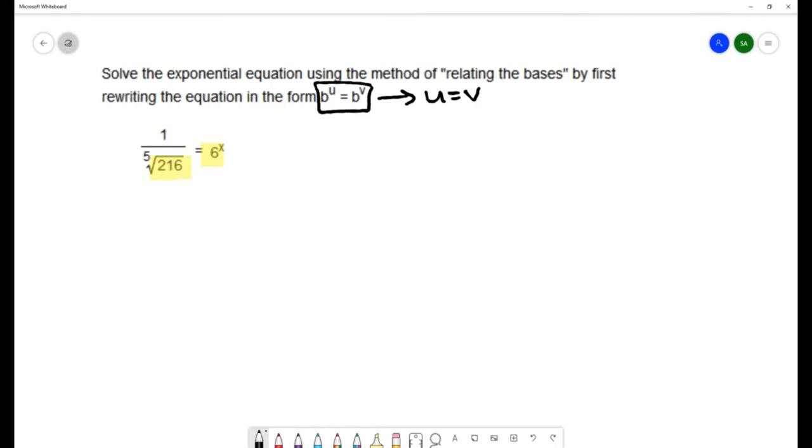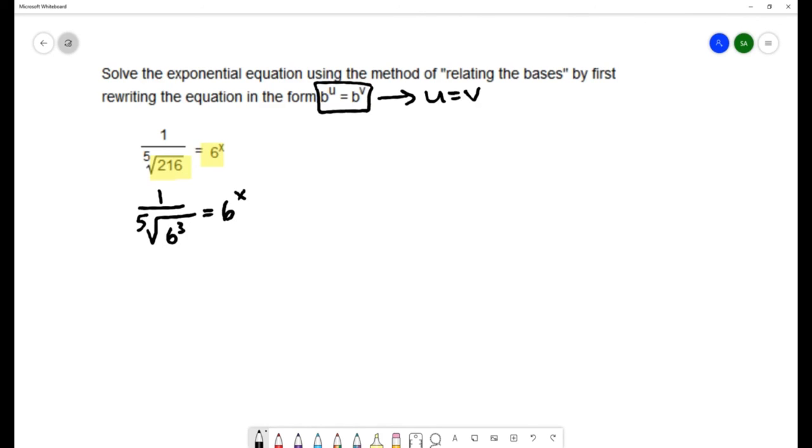Yes, 6 to the 3rd power is 216. So it looks like I'm going to be able to write the base as the same on both sides, with a base of 6. I have 1 over the 5th root, and I'm going to change that 216 to 6 to the 3rd.